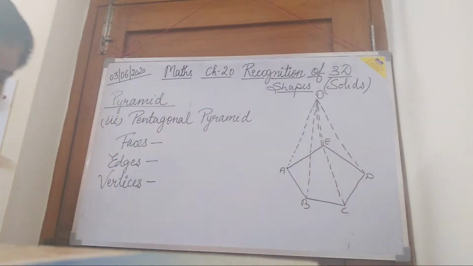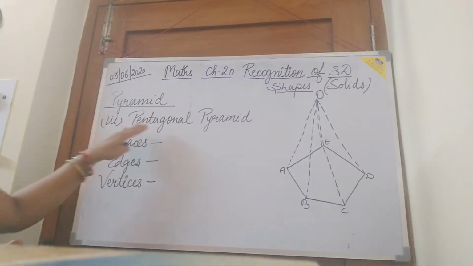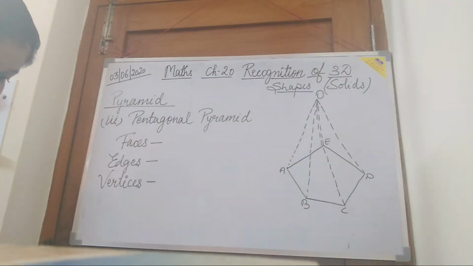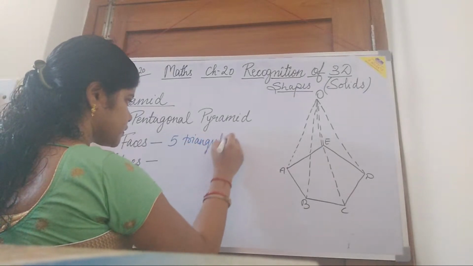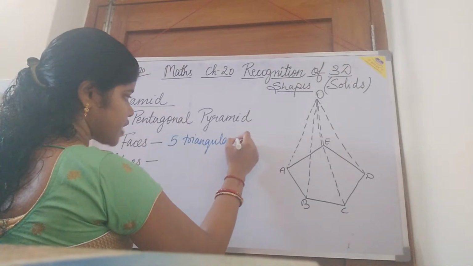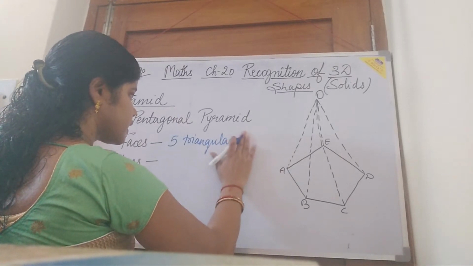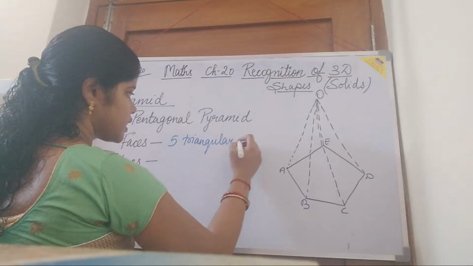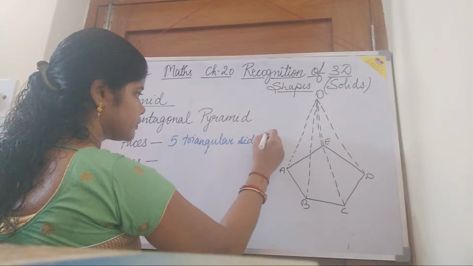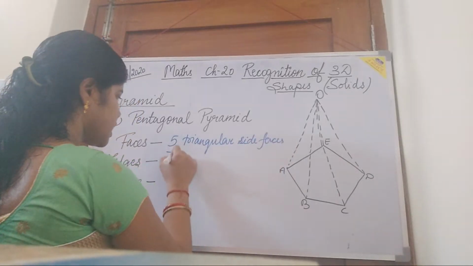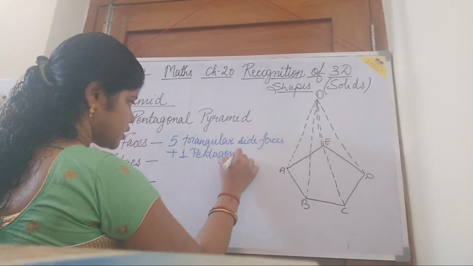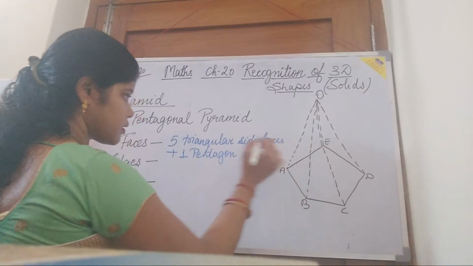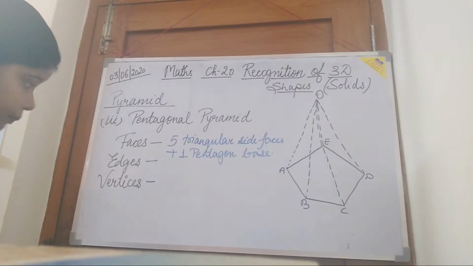So how many faces does a pentagonal pyramid have? Here 5 triangular side faces plus 1 pentagonal base.